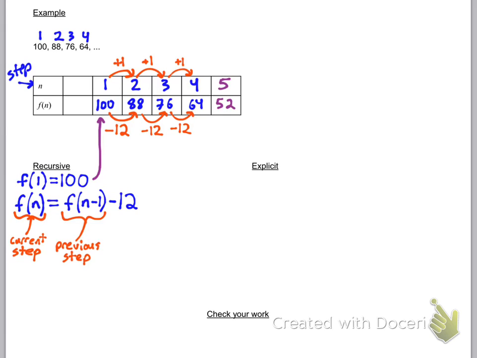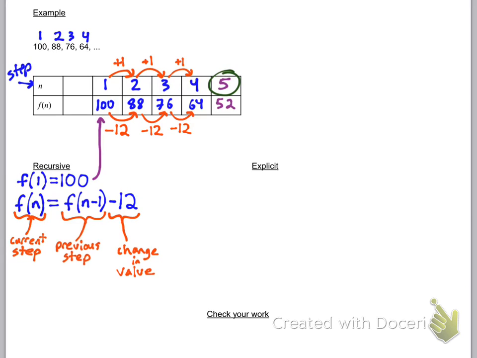So what you do is you take the previous step and you subtract 12 from it, and you get the current step. So here I'm going to circle a few things. Let's say you're on step 3. You're going to take the previous step, you take 88, you're going to subtract 12, and you get the current step, which is 76. So that's how we calculated this last one.